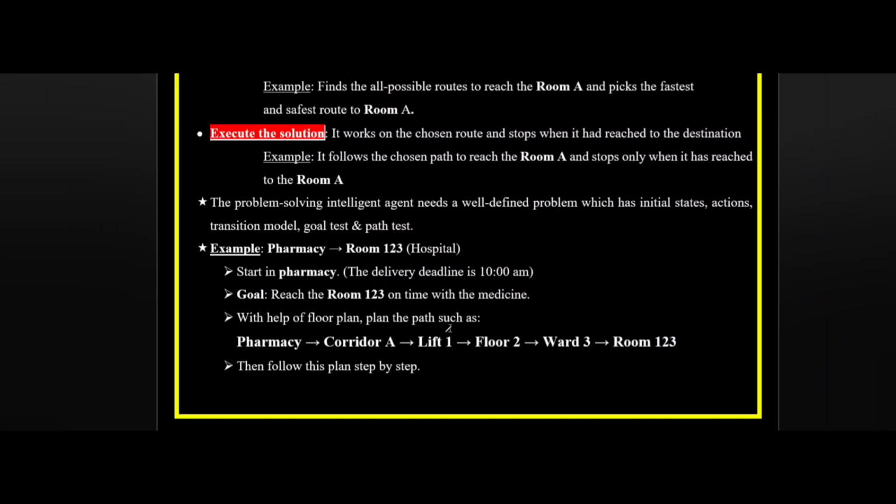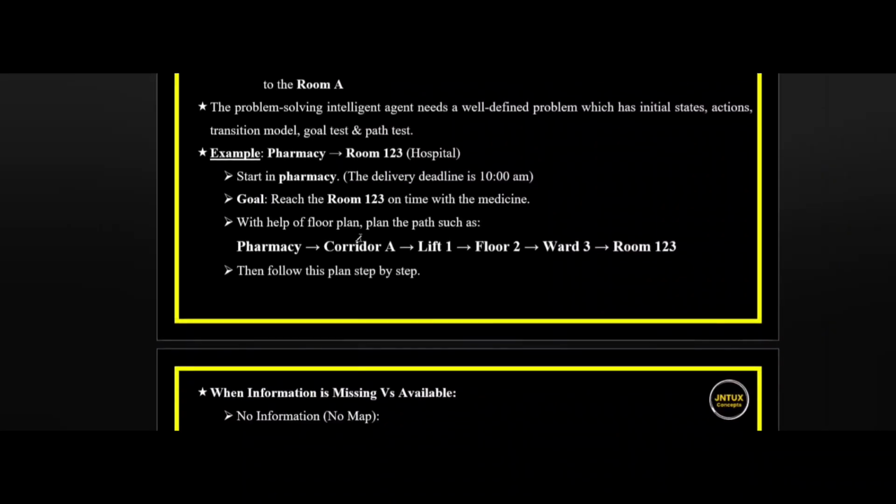So let's understand this complete problem solving agent concept with a clear example. Consider yourself at the pharmacy and you need to reach room number 123, which is in a hospital nearby. So what is the process? You start at the pharmacy, the delivery deadline is 10 a.m., and your goal is to reach room 123 on time with the medicine.